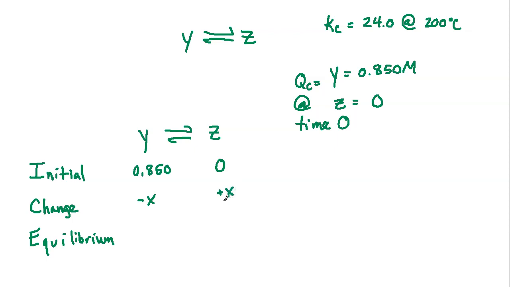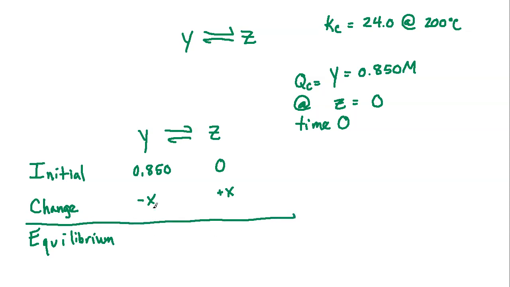And it's very important that you pay attention to your stoichiometric coefficients here. So if, for instance, this was 2Z and not just Z, then it would be plus 2x when you're doing this. I just want to point that out because in this problem, we end up having a 1-to-1 ratio. But as always, we have to be paying attention to our stoichiometric ratios here because they are important when we deal with equilibrium.